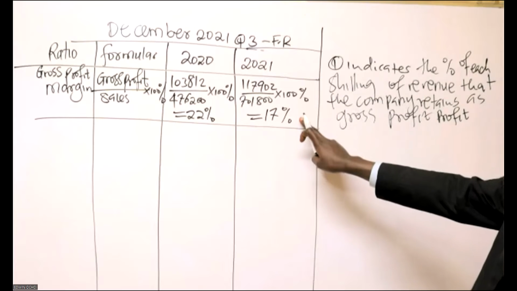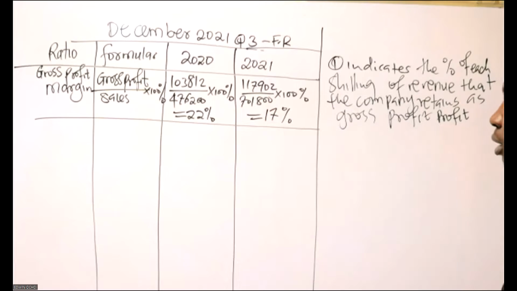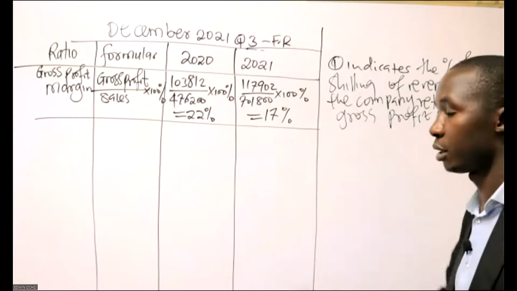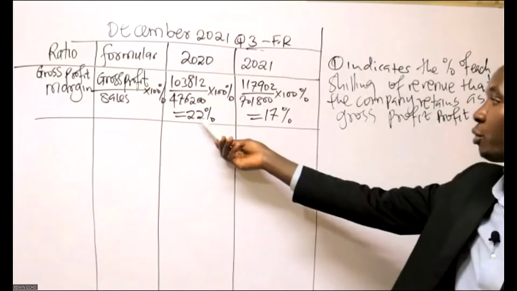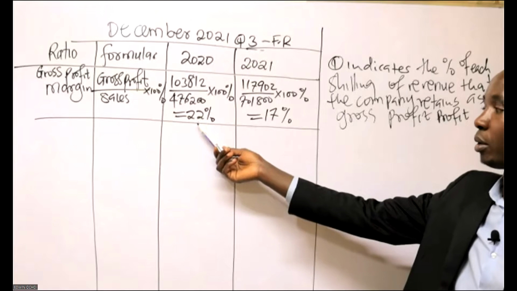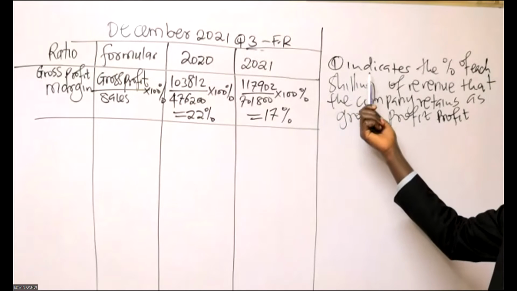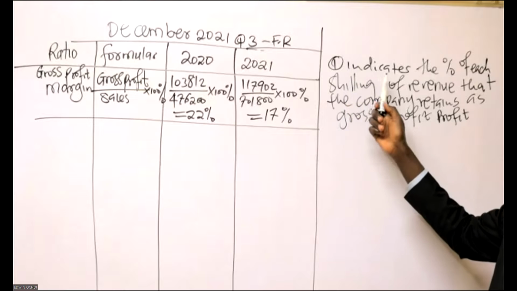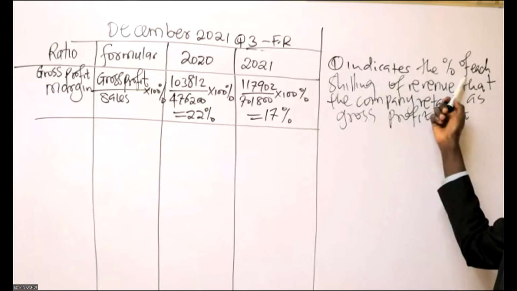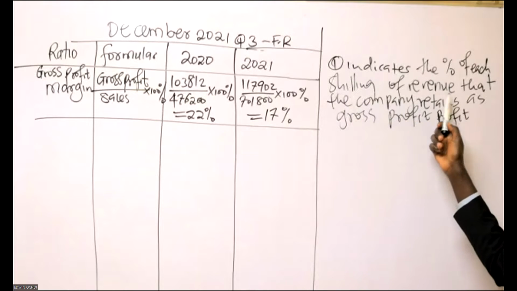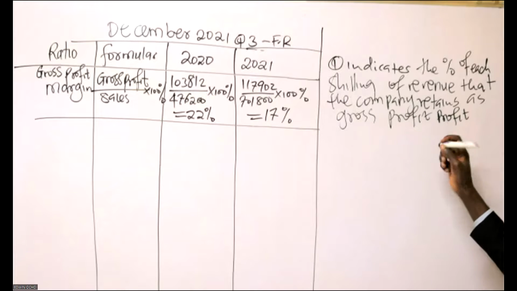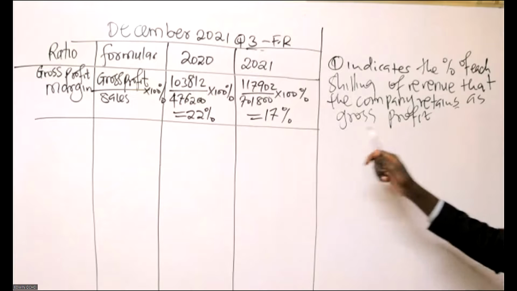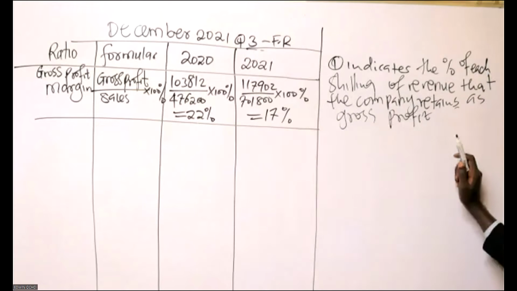Now here it was going down, meaning that the company is not doing well, from 22% to 17%. Expressing myself in terms of the statement I have provided: what do I mean when I say 22%?